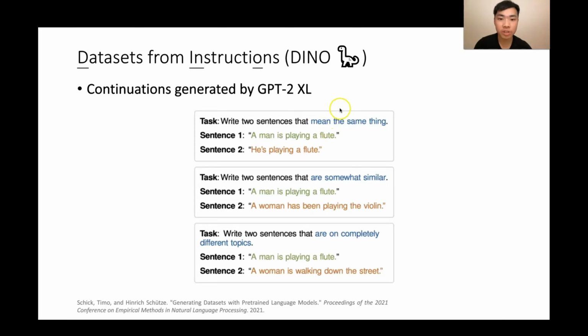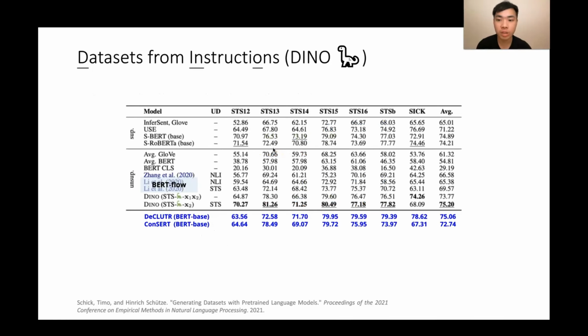They just have an input sentence and try to generate two different continuations from GPT-2, and use these two different continuations to train the contrastive learning model. Here you can see the result of DINO is even better than DeCLUTR and ConSERT and also better than BERT-flow. So it shows that it's possible to generate positive pairs with another language model.